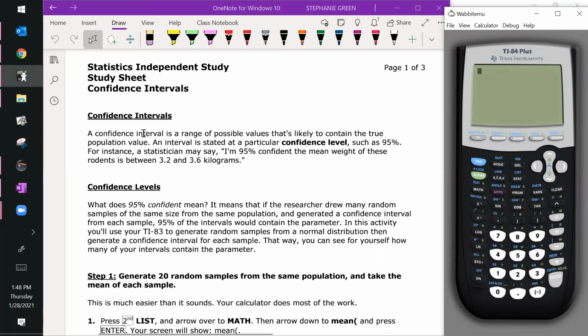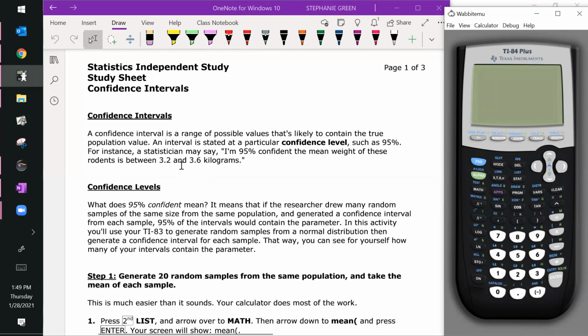It says a confidence interval, I've already said this, is a range of possible values that's likely to contain the true population value. An interval is stated at a particular confidence level, such as 95%. A statistician might say, I'm 95% confident that the mean weight of these rodents is between 3.2 and 3.6 kilograms. So again, a confidence level describes how confident we are that a certain parameter is within a certain range of values.